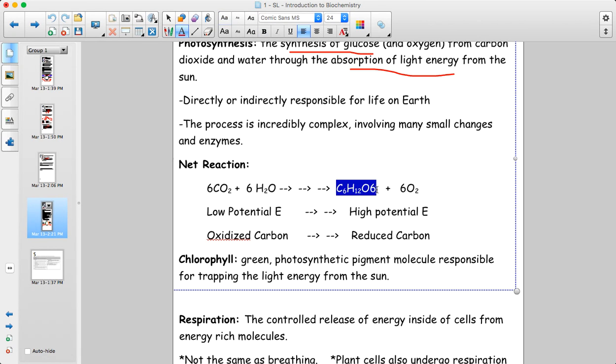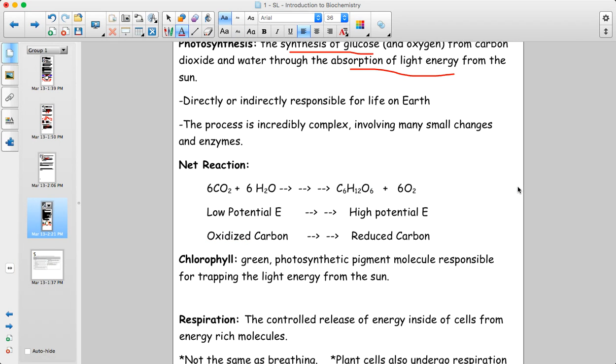Now, it's a pretty incredible thing that they do. First of all, the plants figured out how to absorb this light energy. But also, it's very non-spontaneous. They're going from these very low energy end products, what we normally consider to be end products of combustion, and they figured out a way to put them together into this much higher potential energy form known as glucose.